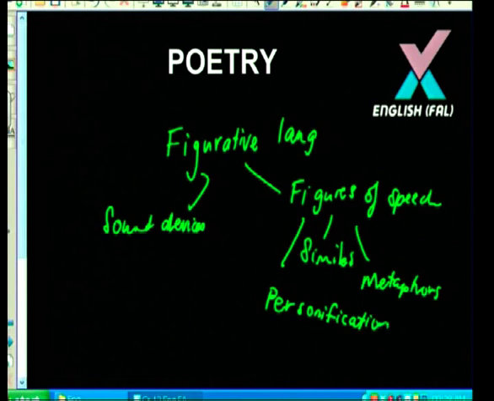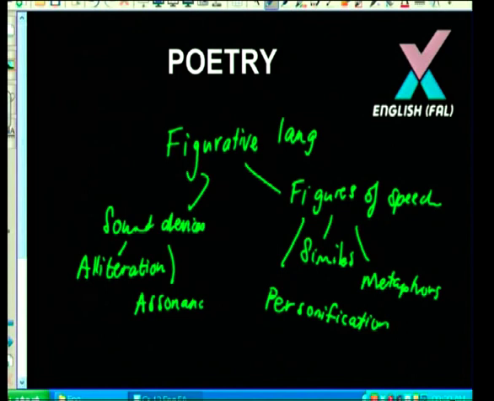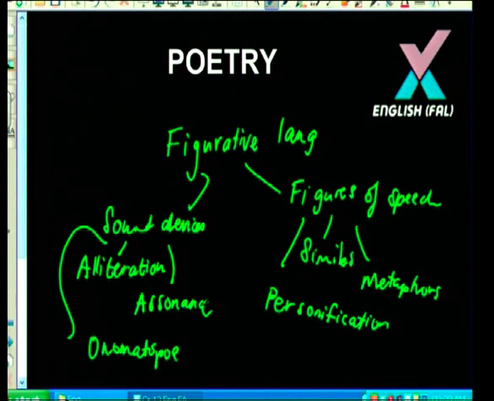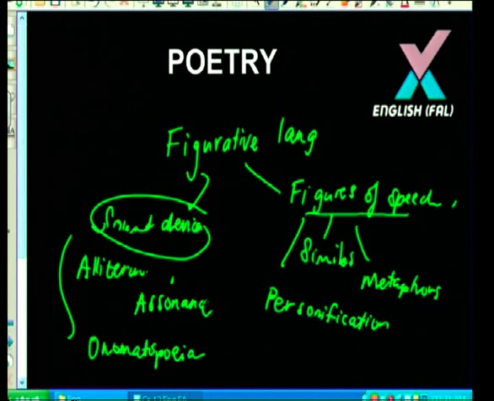In terms of our sound devices, we're going to look at alliteration, we'll look at assonance, and we'll look at onomatopoeia. You need to learn how to spell that word. All right, we'll start with alliteration.